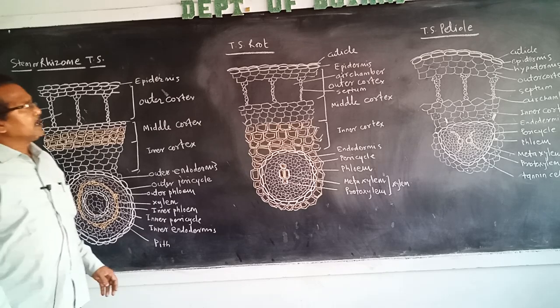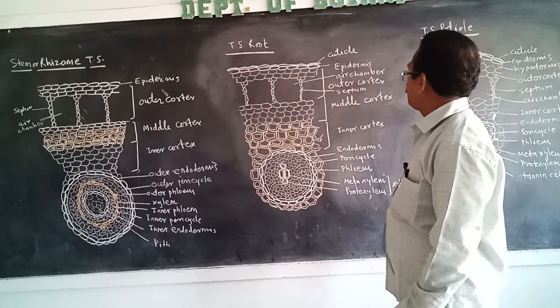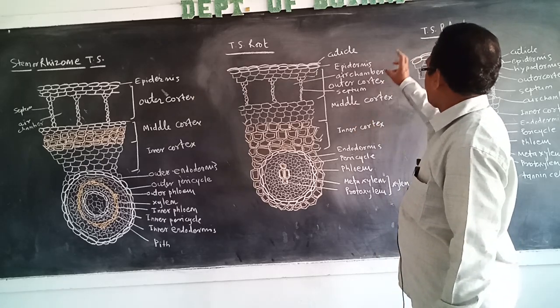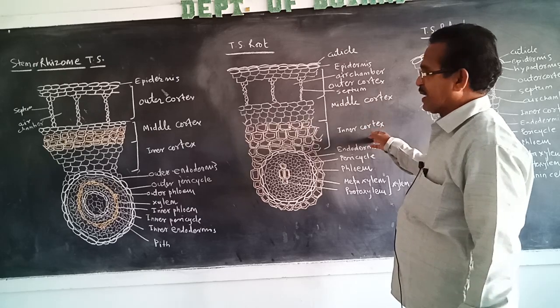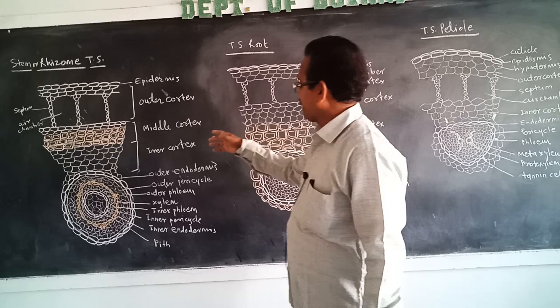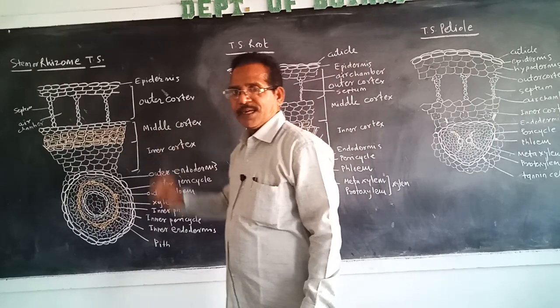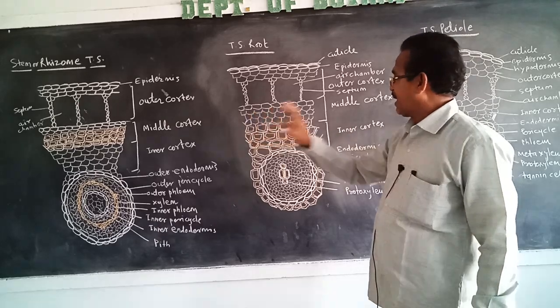Then the internal structure of root. TS of root shows outer cortex, middle cortex and inner cortex. In the rhizome, the middle cortex is made up of sclerenchyma, while in the root, the inner cortex is made up of sclerenchyma.